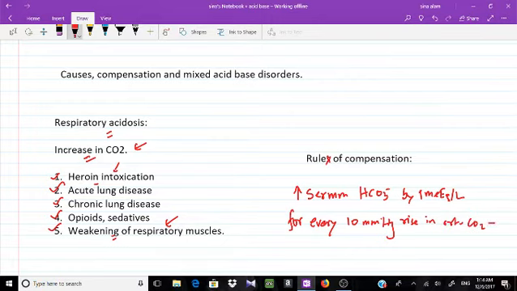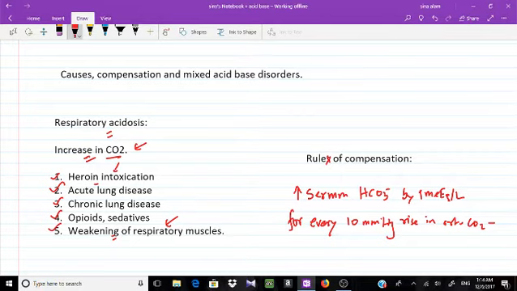So it means the pathology in respiratory acidosis is bringing the carbon dioxide up, right? So when the carbon dioxide goes up, the compensation is based on the carbon dioxide. For every 10 millimeter rise in carbon dioxide, there will be an increase in serum bicarbonate by 1 milliequivalent per liter. That is the rule of compensation. So why did I tell you the rule of compensation?